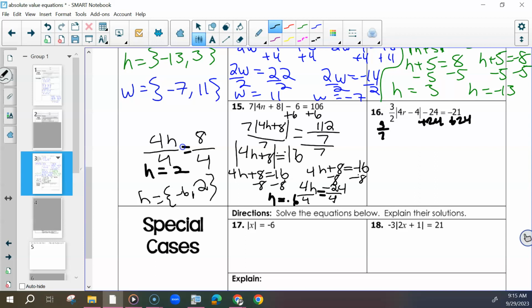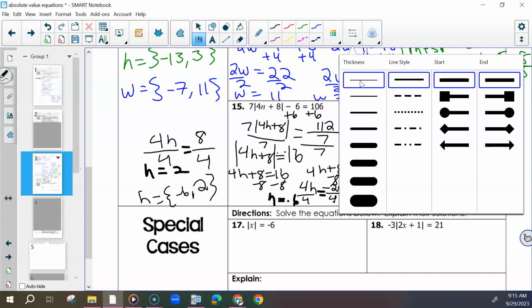If you want to change the thickness, I'm going to just tap the top.